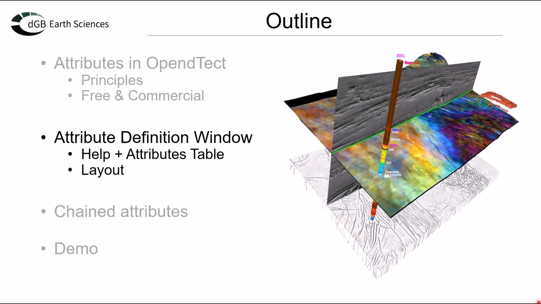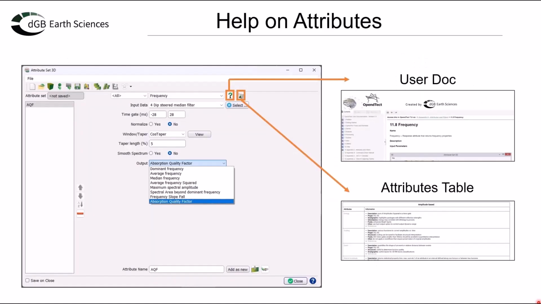And now let's continue and have a look at the attribute definition window. First of all, if you are stuck or you want to know more about a certain attribute, then press this icon here, the question mark. It will immediately bring you to the relevant page in the user documentation. So this is context sensitive help. Next to it is another icon, which launches the attributes table. The attributes table gives you all kinds of attributes that you can apply for a particular geological problem that you're trying to solve.